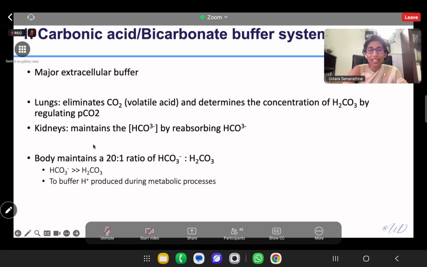So we produce acid in our day-to-day activities. Therefore, we want bicarbonate or bases to neutralize those acids. So the body maintains a 20:1 ratio of bicarbonate to carbonic acid usually so that you can buffer excess H+.